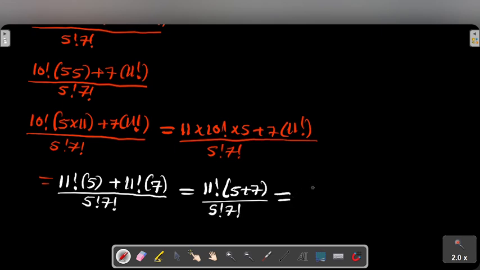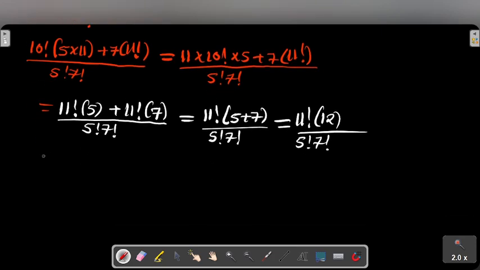So now this will give us, you factor out 11 factorial on top, then you have 5 plus 7, then that is over 5 factorial 7 factorial. So this will give us 11 factorial open, 5 plus 7, that's a 12, then you divide by 5 factorial 7 factorial. So now from here you're going to start with the bigger number, which is 12, then times 11 factorial, then over 5 factorial 7 factorial.